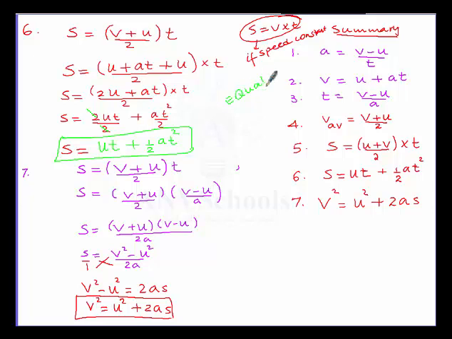We use these formulas provided that the value of acceleration remains constant. Otherwise, if the acceleration changes through time, we cannot use these formulas anymore. We use them if and only if the value of acceleration is the same.